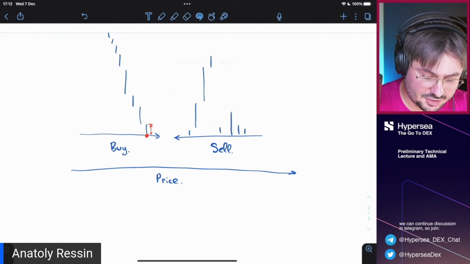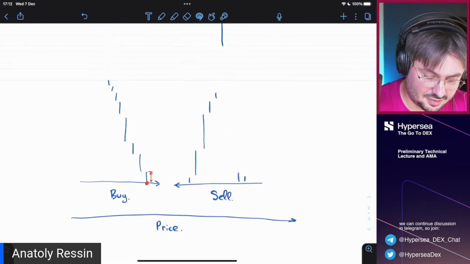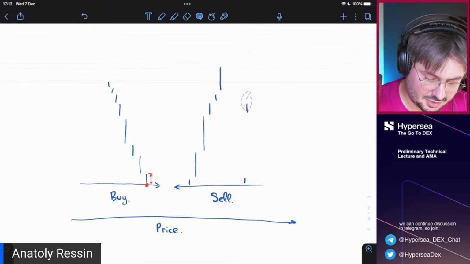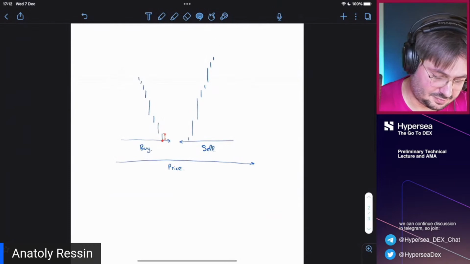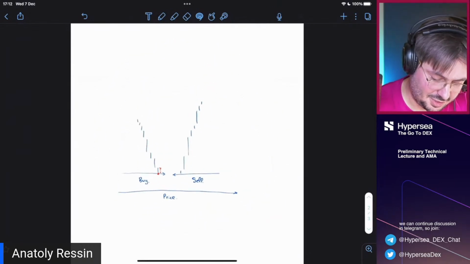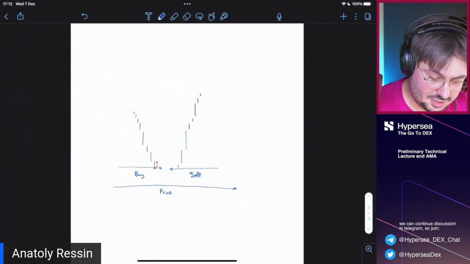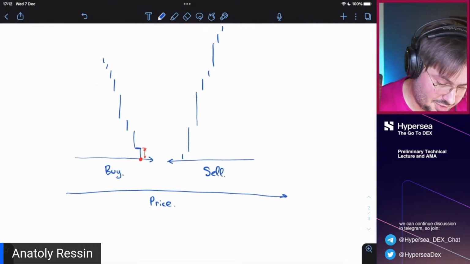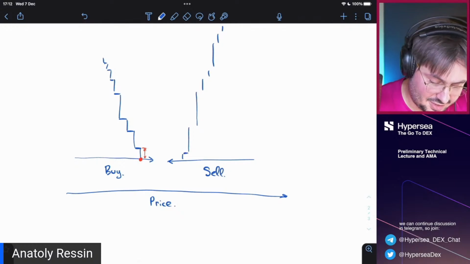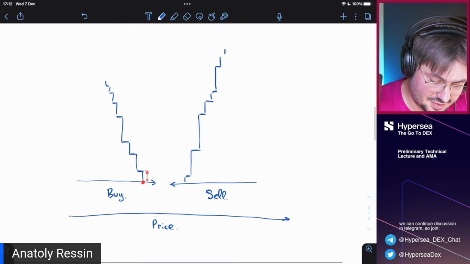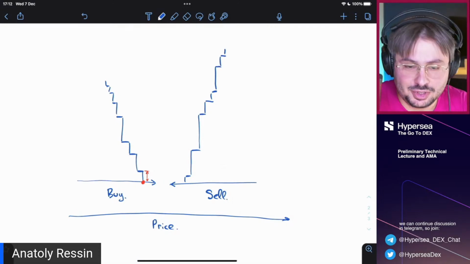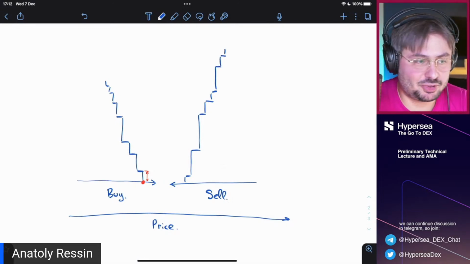Actually, orders, let's put it here. And let me draw. This is already in the picture that is more familiar to you, because this is the depth of the market.